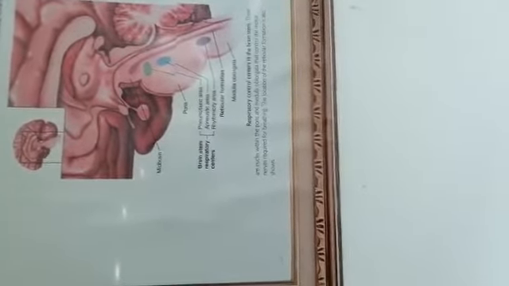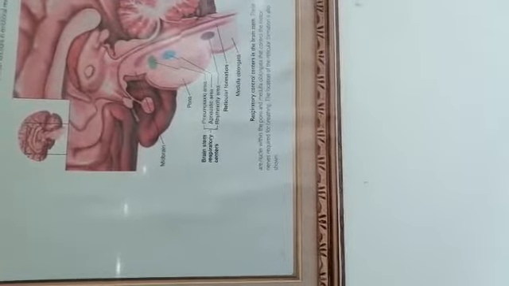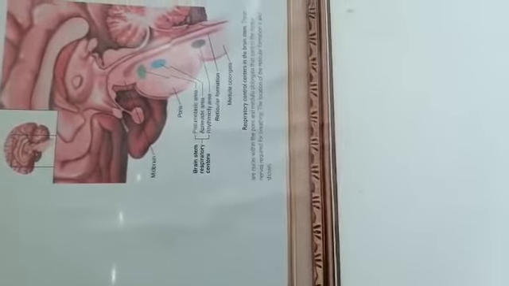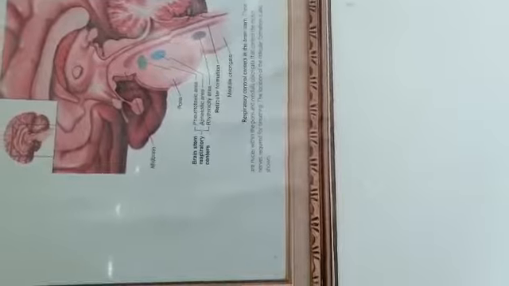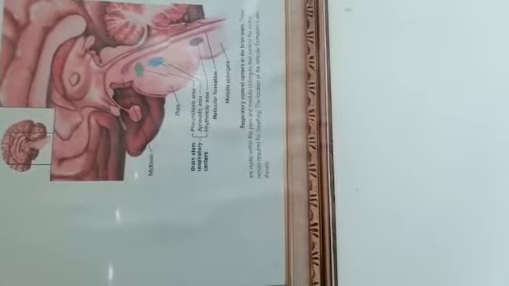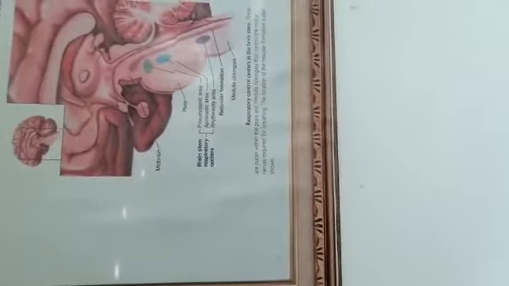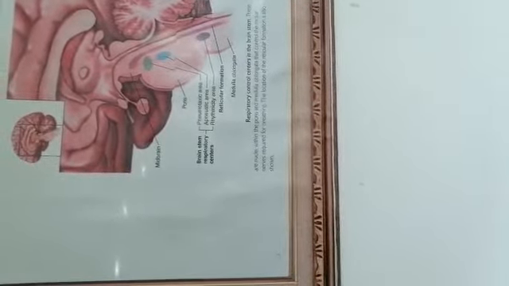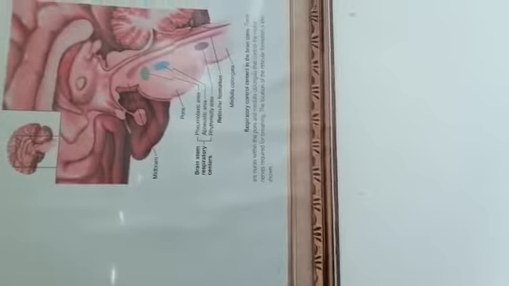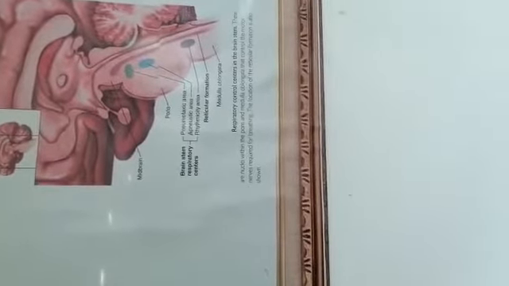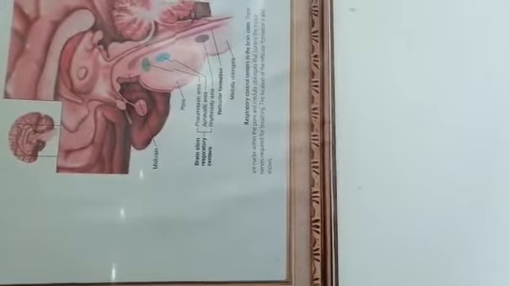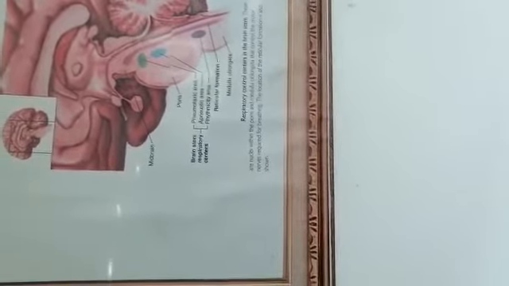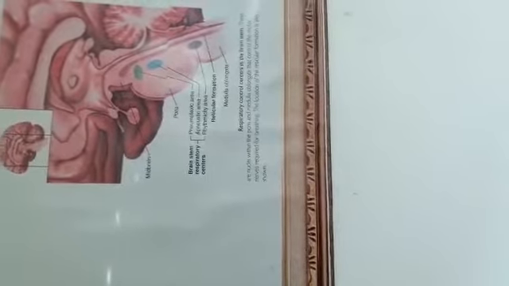Whenever there are fluctuations in the baseline blood pressure levels, these receptors send impulses to the cardiovascular center of the medulla oblongata, which in turn responds accordingly to control the blood pressure. This center is very important for the minute to minute control of the blood pressure. Apart from the cardiovascular and respiratory center, the centers for the vomiting reflex, the coughing reflex, the sneezing reflex are also located in the medulla oblongata.